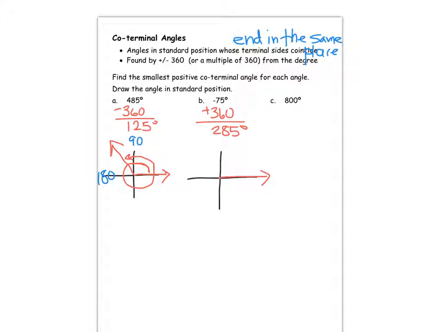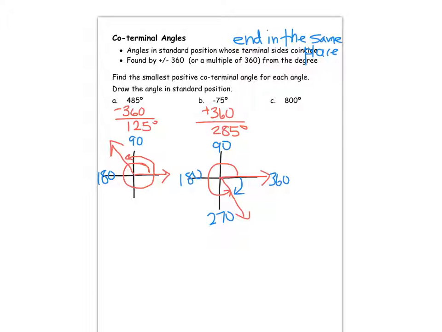So since I'm trying to draw something that's positive, I can put 90, 180, 270, 360 around my circle. And 285 is just a little bit bigger than 270, so we'll put it here. So 285 would go this way, or of course the original negative 75 would have gone that way, and they end up in the same place.